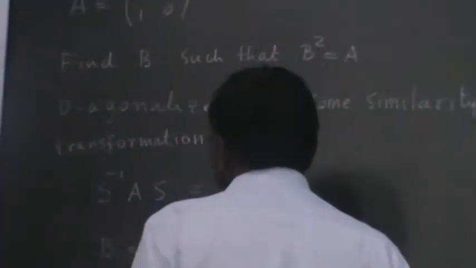So diagonalization basically is finding a basis for which the matrix is diagonal.